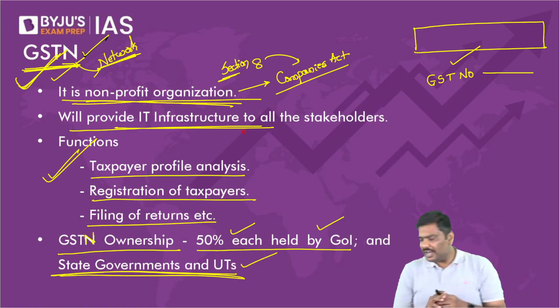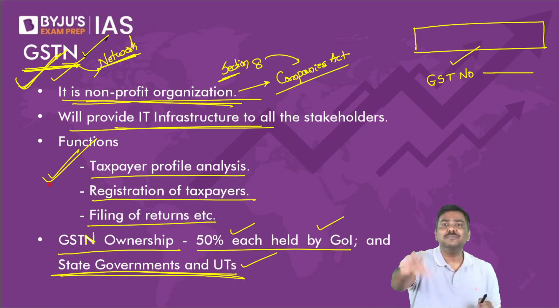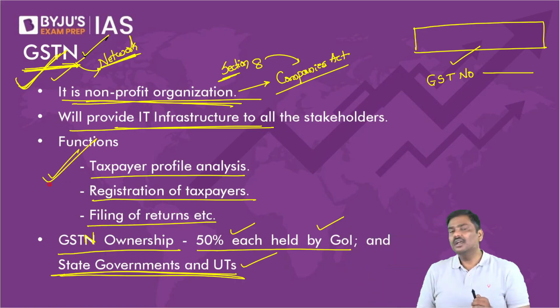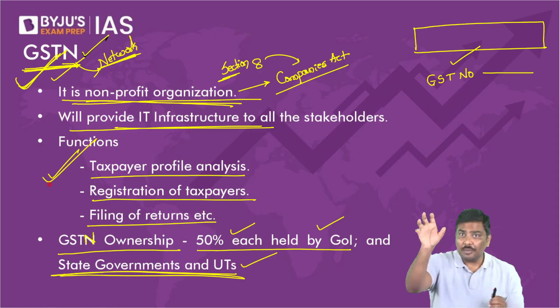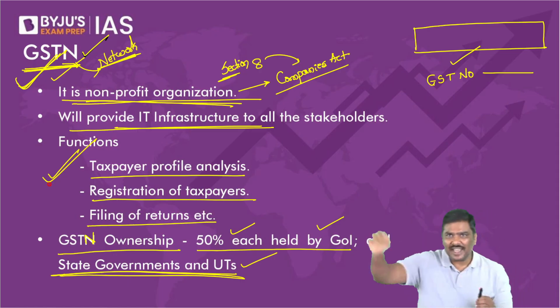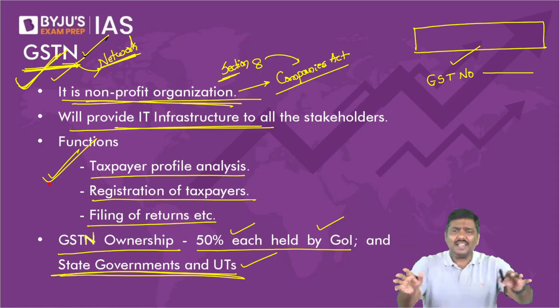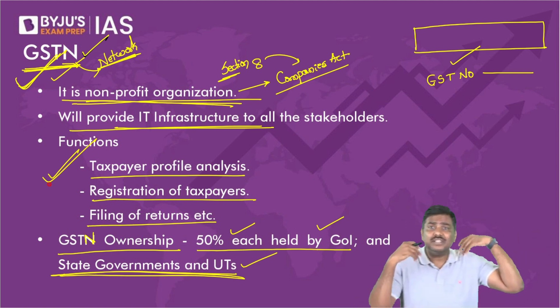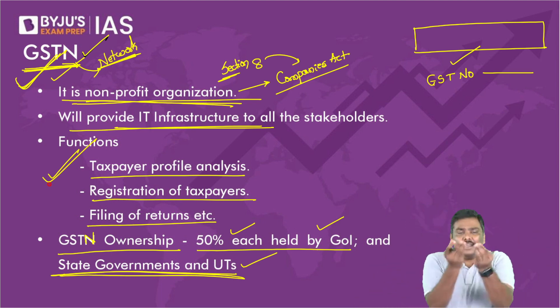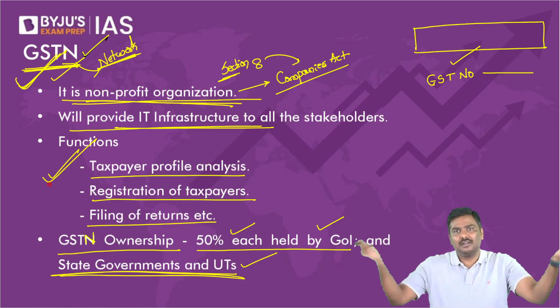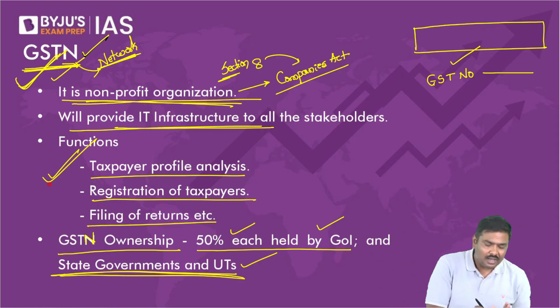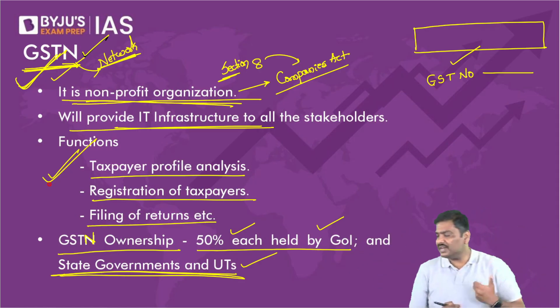Now, Government of India wants to find out how many taxpayers are there under GST. How many people or how many companies are paying how much taxes under GST? Last year, this company paid how much taxes under GST? The analysis of the taxpayer is given by the GST network.